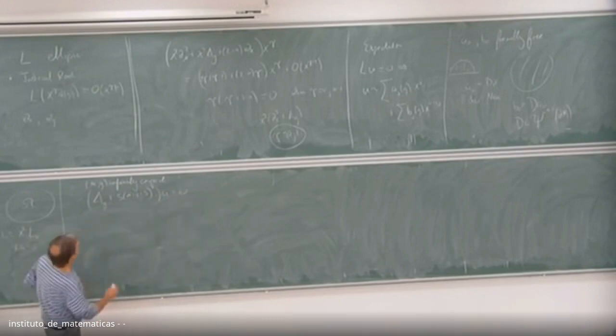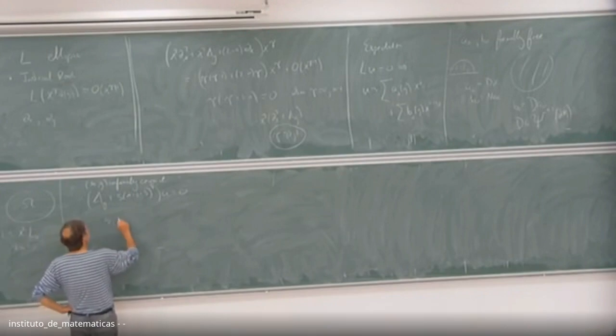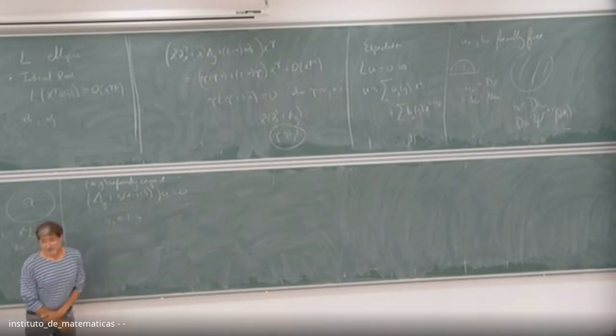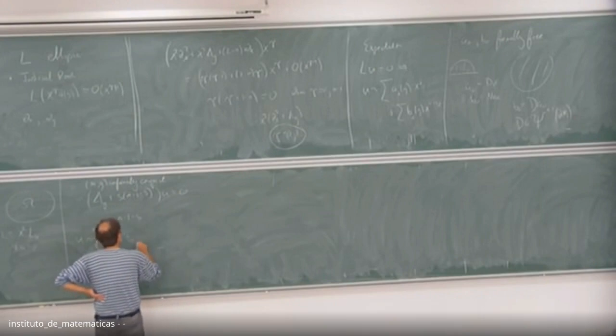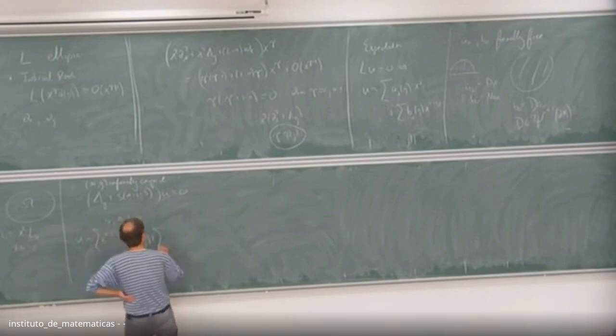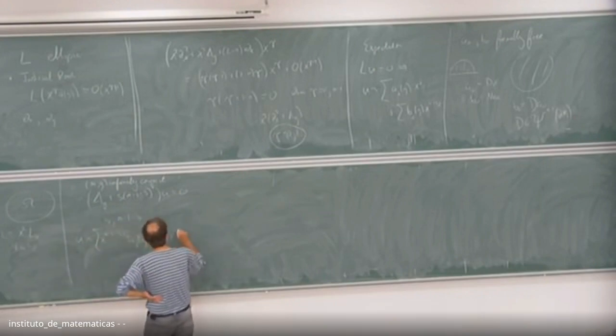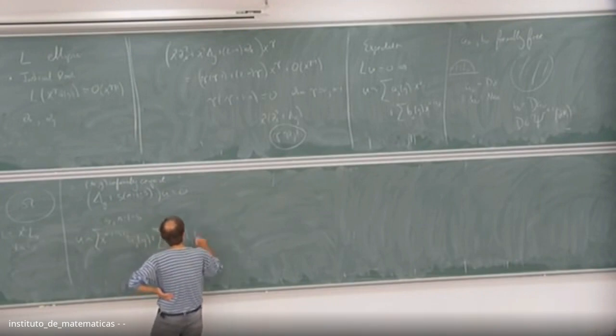It turns out that the initial roots here are s and n minus 1 minus s. That's sort of why I write it like this. So what that says is that any solution like this is going to look like the sum of x to the n minus 1 minus s plus j, aj of y, plus the sum of x to the s plus j times bj of y.